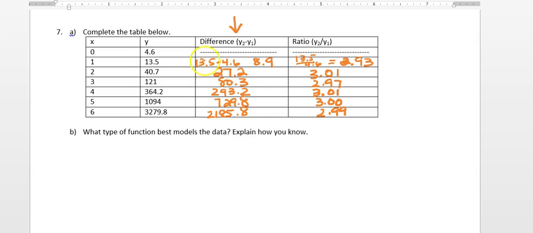All right, once you've filled out the table, you want to look at, do you have a common difference or a common ratio? And what you'll notice is all of them have a common ratio. And we can go ahead and say that this ratio here is 3.0, since all values are very close to 3.0.